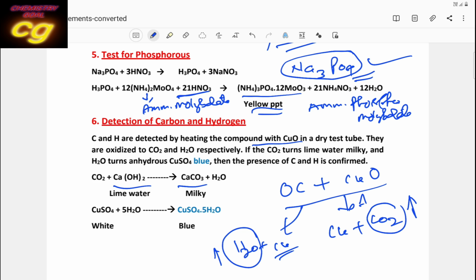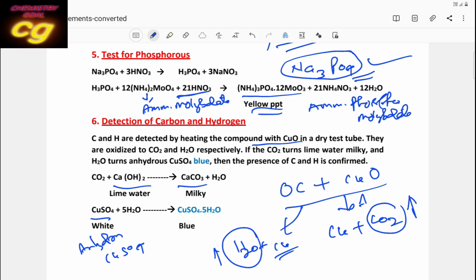Similarly, you already know the organic compound contains hydrogen, so water vapor is there. When you take white copper sulfate, that is anhydrous copper sulfate, this is white. You pass the vapor produced during heating of organic compound and copper oxide, and those fumes contain water vapor.